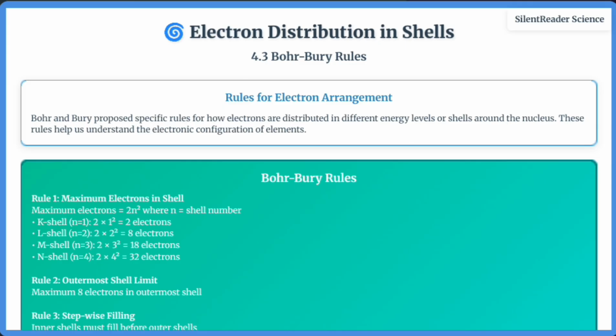However, the outermost shell can never have more than 8 electrons. Electrons fill the shells in order from lowest to highest energy. For example, sodium with atomic number 11 has electron distribution 2, 8, 1, meaning 2 electrons in K shell, 8 in L shell, and 1 in M shell. This arrangement determines an element's chemical properties.